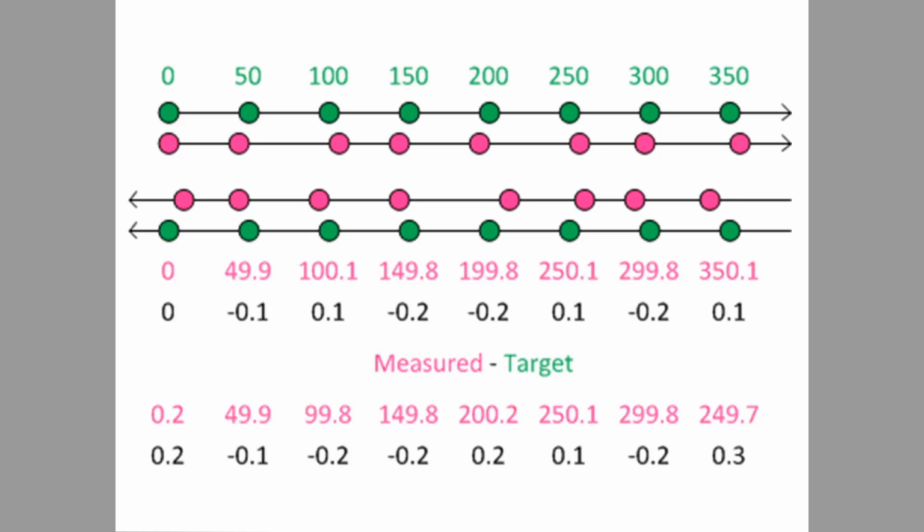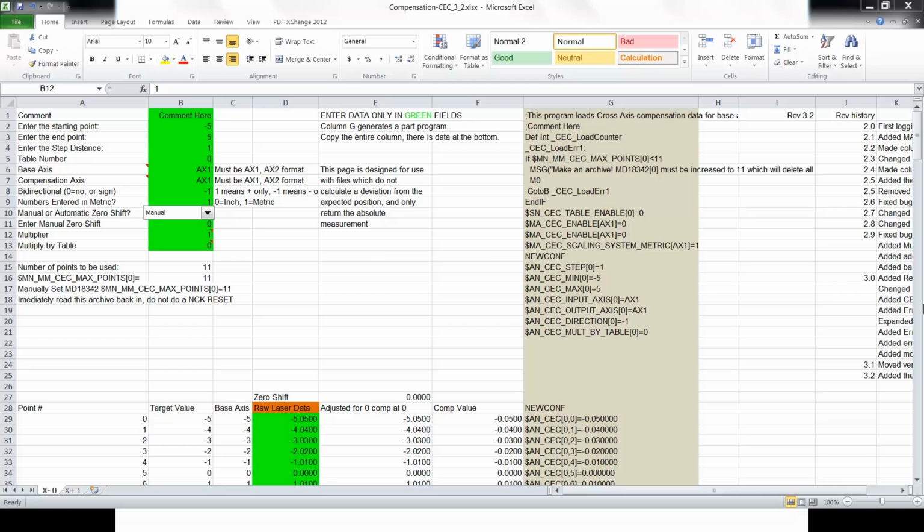So they load the test bar up, they use an indicator, everything's good. If we start putting comp values in when the rotary axis is at 0, that means that we've screwed up whatever results we got with that test bar. So let's take a look at the spreadsheet and we're going to see how we can deal with this.